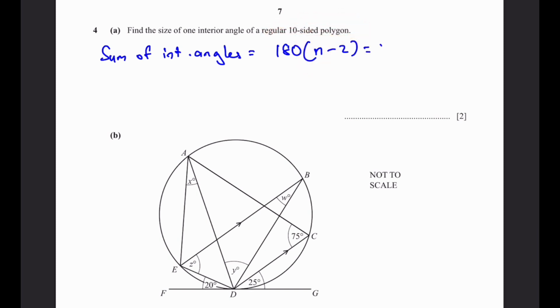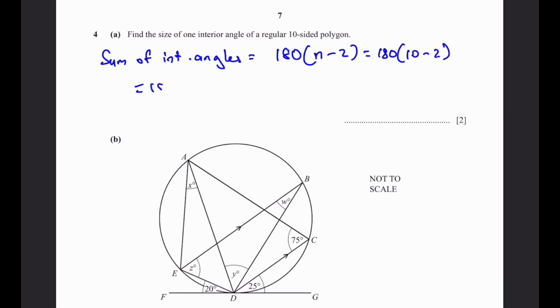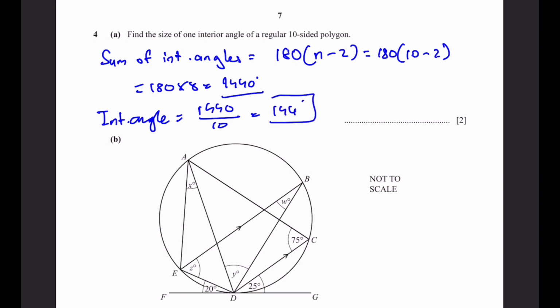So in this case, it's going to be 180 times (10 - 2). Now doing this is just 180 times 8, which is 1440 degrees. Now, one interior angle is going to be the sum of interior angles divided by the number of sides, which is 10 here, so it's just 144 degrees. And this will be our answer.